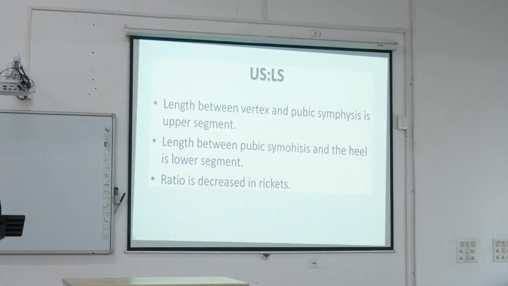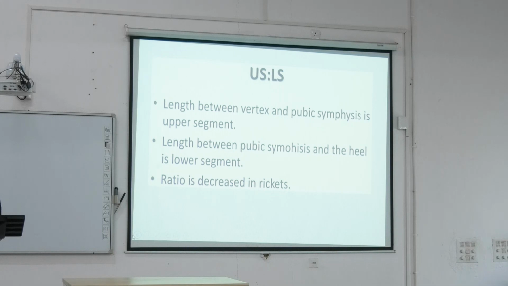Now, upper segment and lower segment. This is again in the height part. What is upper segment and what is lower segment, and why do we see the upper segment to lower segment ratio? Upper segment is mostly the sitting height. If the child is sitting, you measure from the vertex to the pubis symphysis.